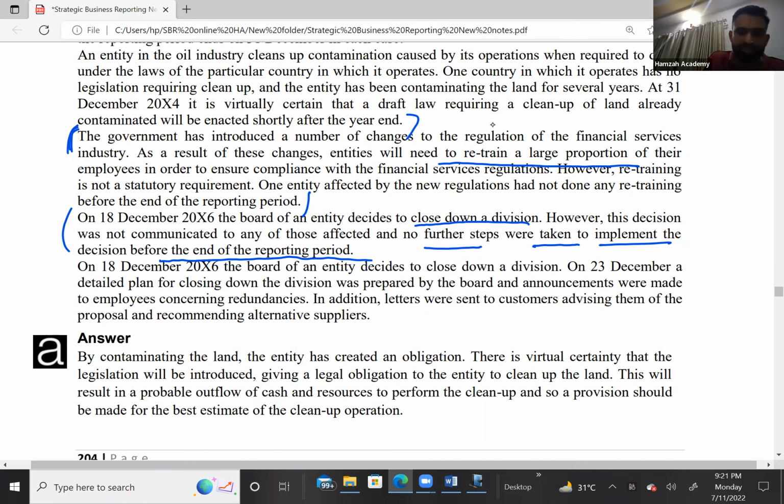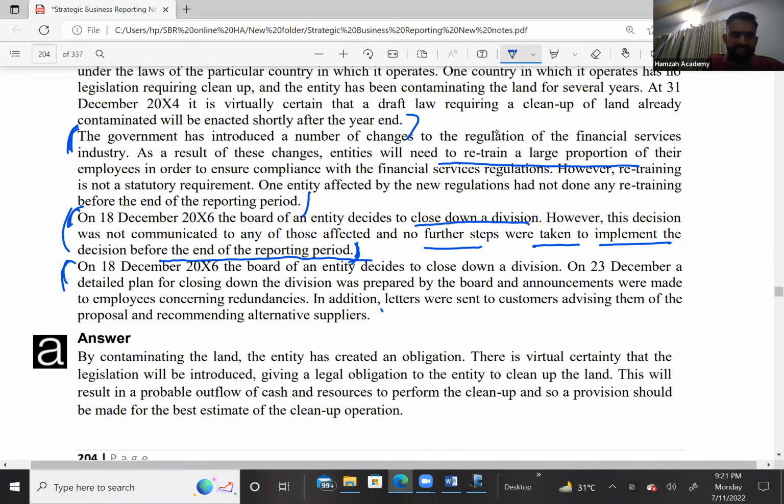Now focus on this paragraph. Whether this provision should be recognized in this scenario, where the plan has been made but has not been communicated or started to be implemented before the end? No, because the second condition has not been fulfilled.